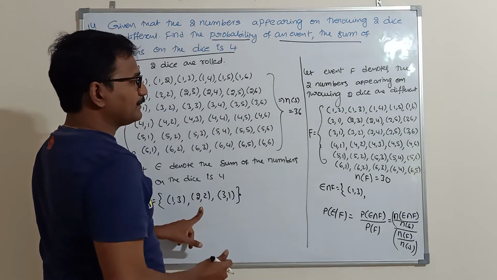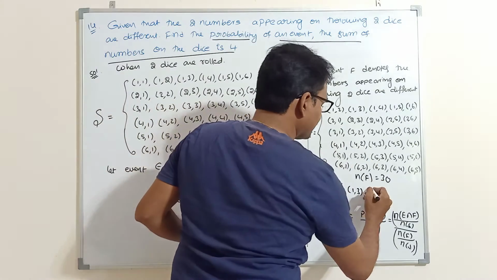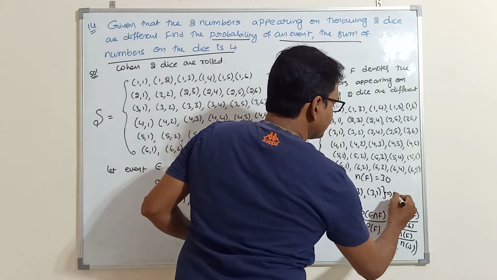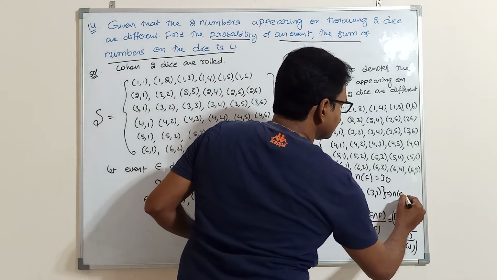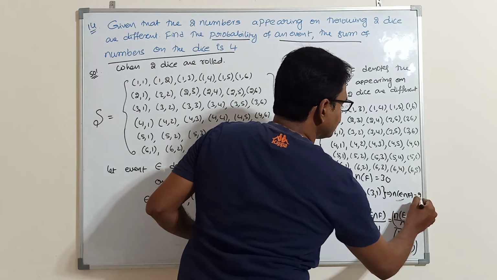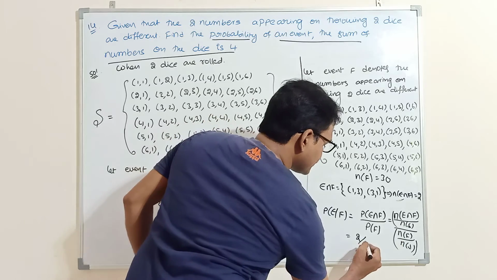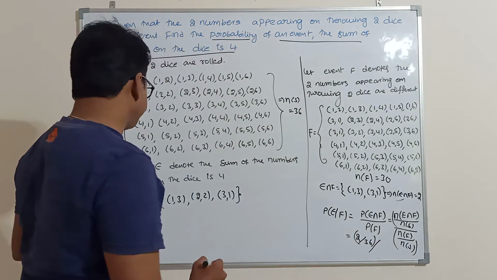Next, 2 comma 2 is not there here. Next, 3 comma 1 is also a common sample point. So number of sample points in E intersection F is 2. So 2 by N of S, which is 36, by N of F.